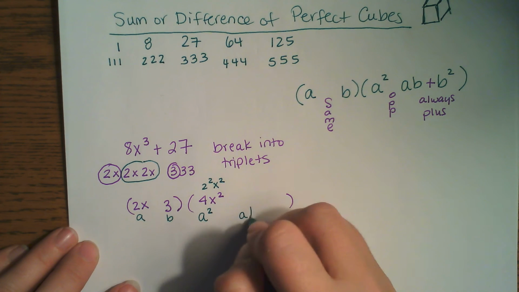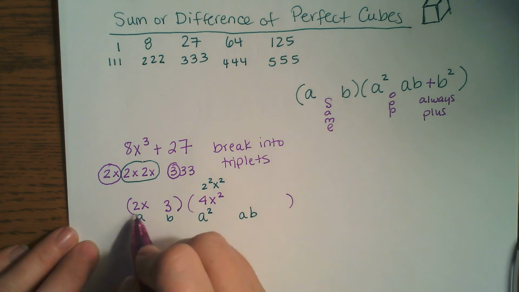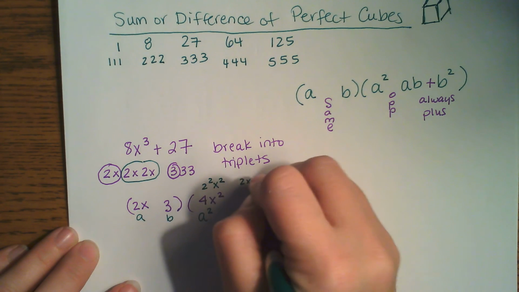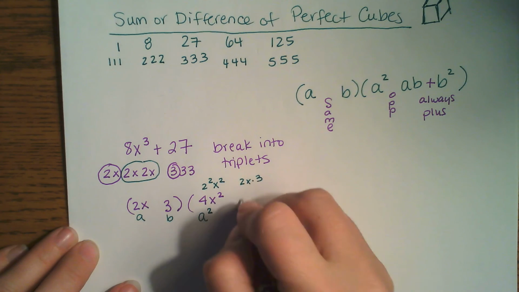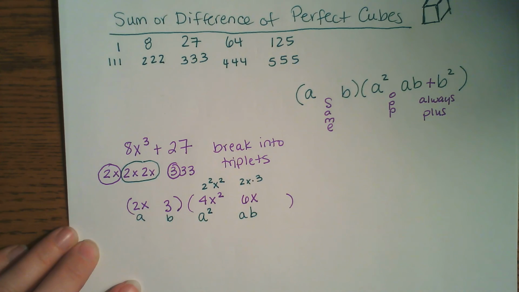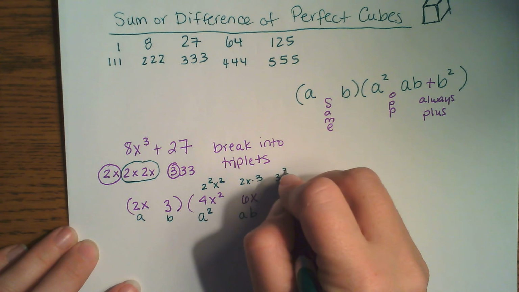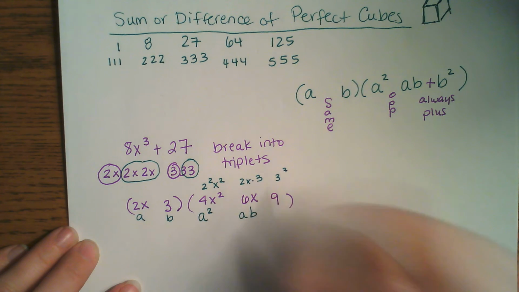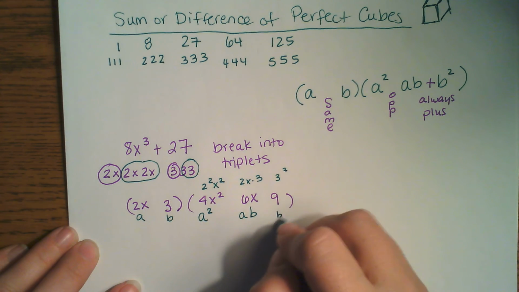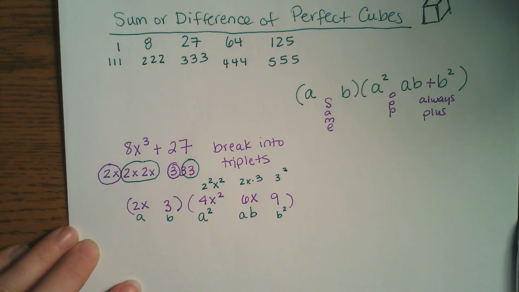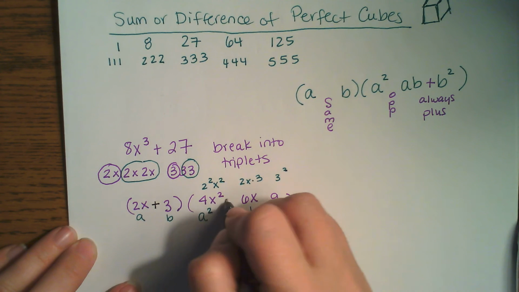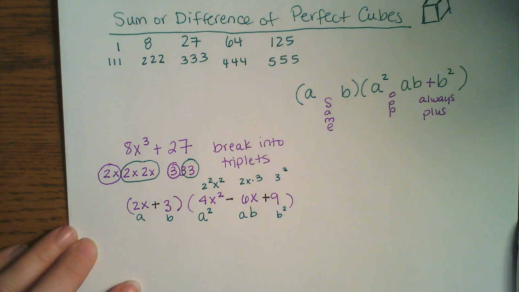The middle piece is A times B. So I'm going to take 2x times 3, which will be 6x in the middle. And the last part will be B squared, which is 3 times 3, which is 9. The signs will be the same, opposite, always plus.